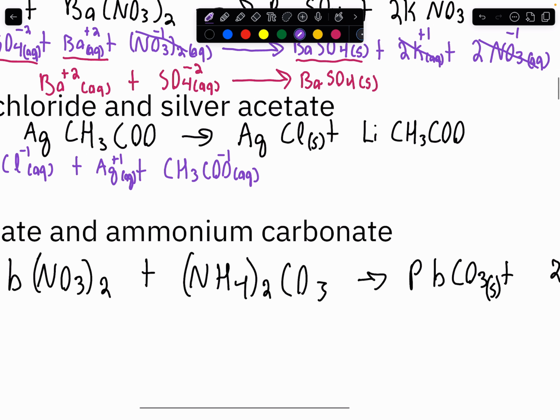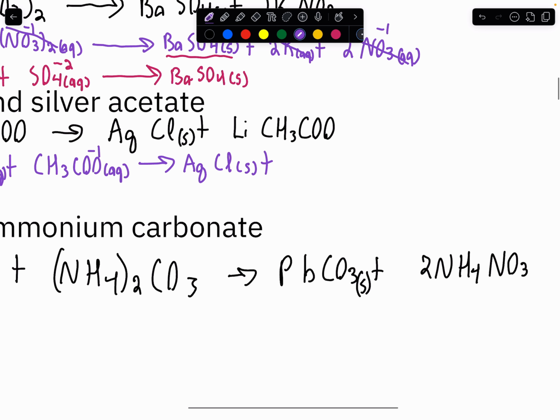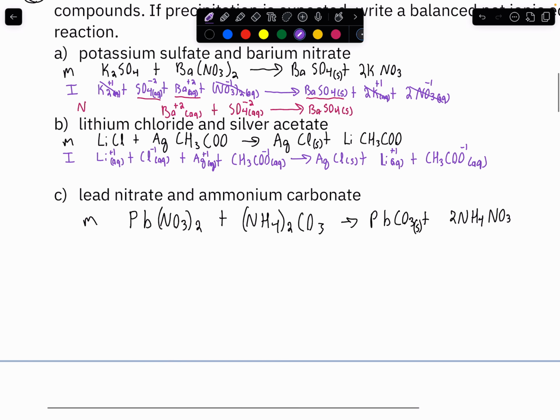Then we're just going to say our silver chloride, which is solid. And then we're going to put our lithium, aqueous, that's going to be a +1, plus our CH3COO, which is a -1 charge, and we're going to keep it as aqueous so we can cancel everything out.